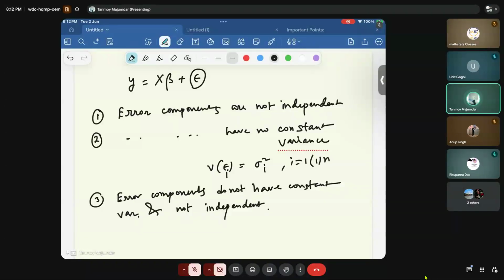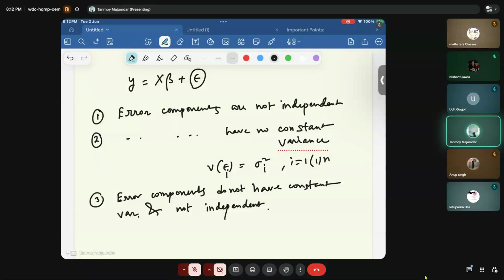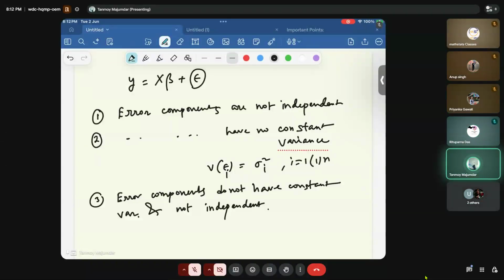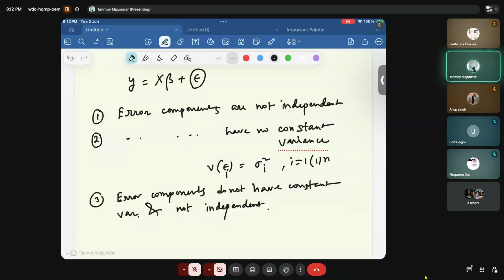So these three can happen: either not independent, or no constant variance, or both cases can occur. In that situation, OLS, the ordinary least squares estimation that we used last day, is not a good idea to use.